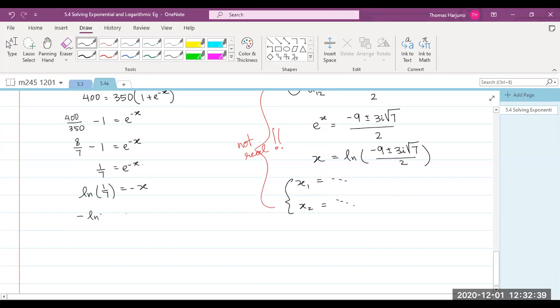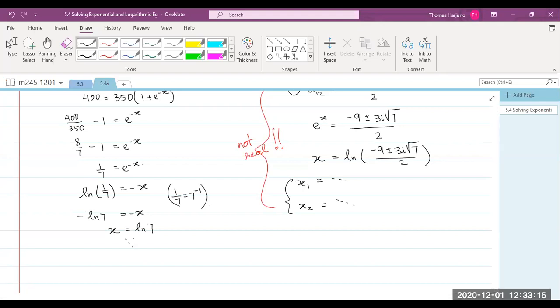Do you know why? Because 1 over 7 is 7 to the power of negative 1. So you rewrite 1 over 7 as 7 to the power of negative 1, and then you take the power of negative 1 out front. That's the exact solution, and of course you can use a calculator to find the approximate solution.